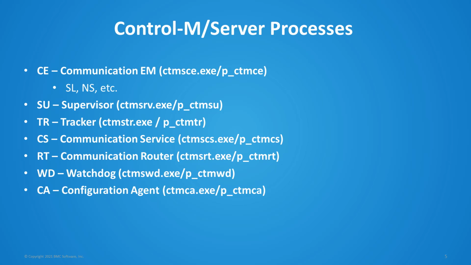The communication router manages the communication between all processes. The watchdog monitors the central Control M processes and resources and sends an appropriate alert when there is a problem. Lastly, the configuration agent communicates with the CCM and the configuration management server on the Enterprise Manager.